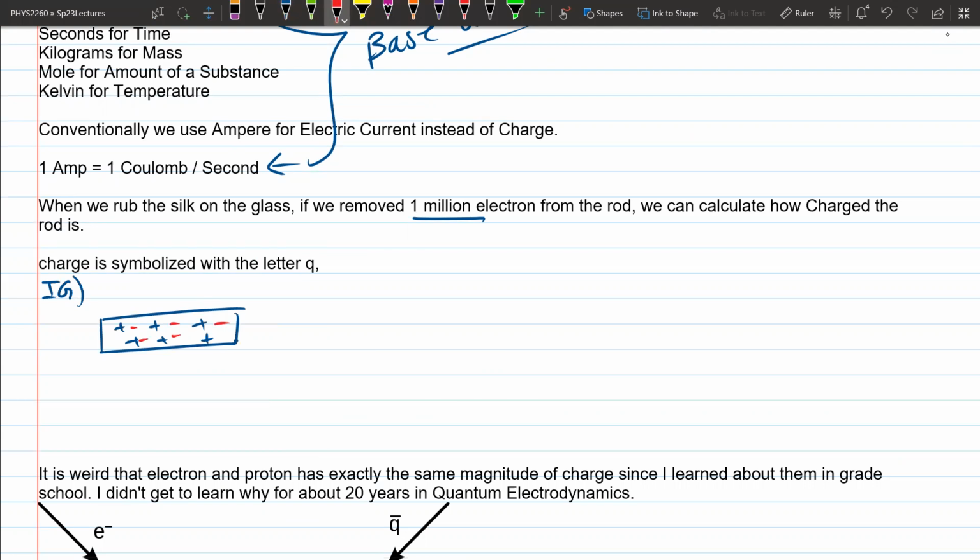But then I rubbed it with some silk and removed 1 million electrons from it. So afterward, it has some excess of positive charge, right? So what would be the sign of the rod after the removal? Is it going to be positive or negative if I remove 1 million electrons from it?